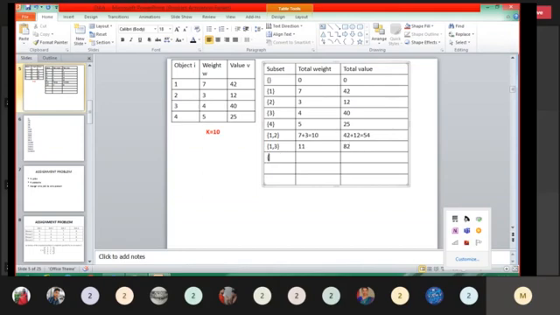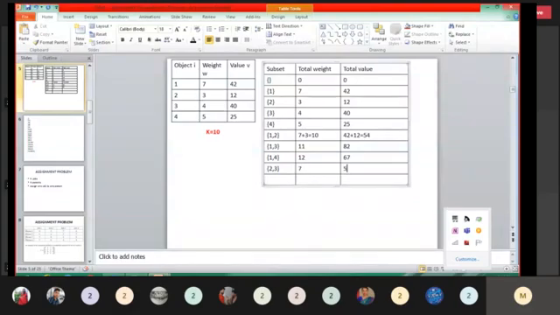Next is 1 comma 4. What about 1 comma 4? Weight 12 and value 67. Next is 2 comma 3. What about 2 comma 3? Weight 7 and value 52.